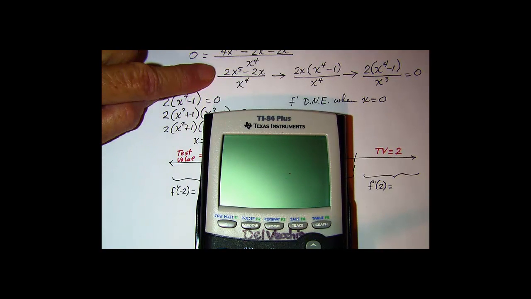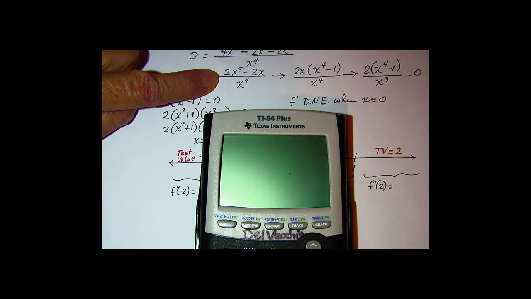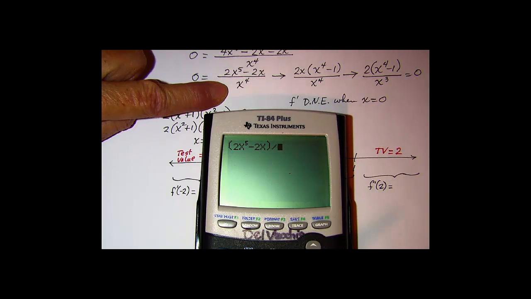I'm going to go ahead and enter just this one. Don't have to worry about it being simplified. So the quantity 2x raised to the 5th power, minus 2x, divided by x to the 4th power.